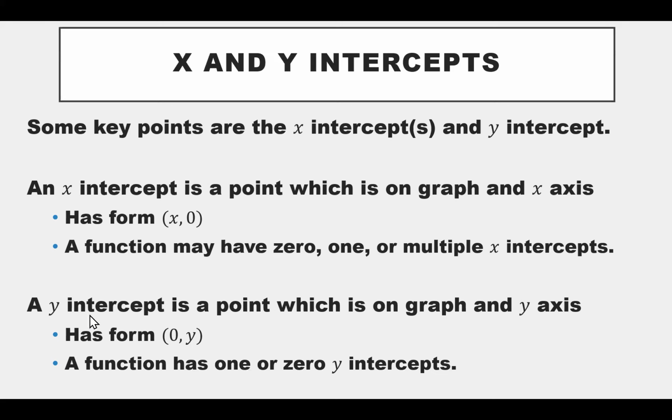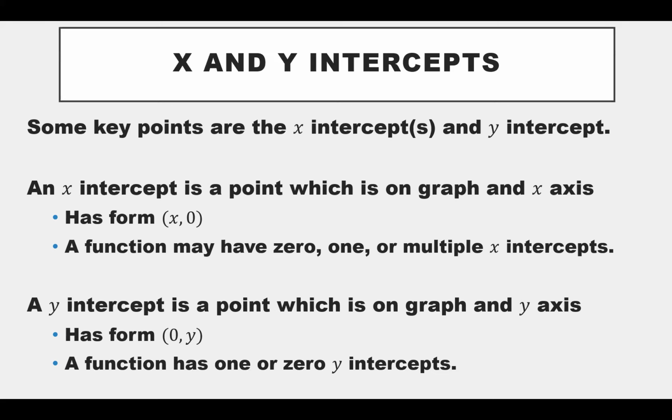A y-intercept is a point which is on the graph and also on the y-axis. So it's going to have form 0, comma y. And any function could either have 1 y-intercept or 0 y-intercepts.